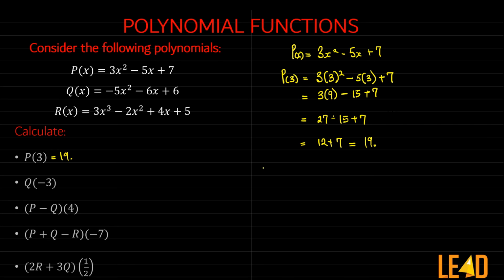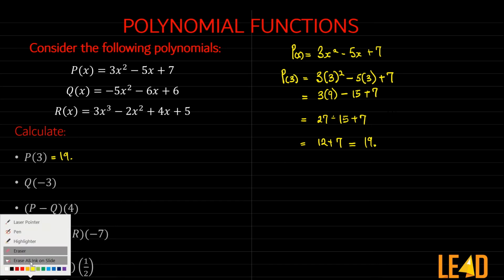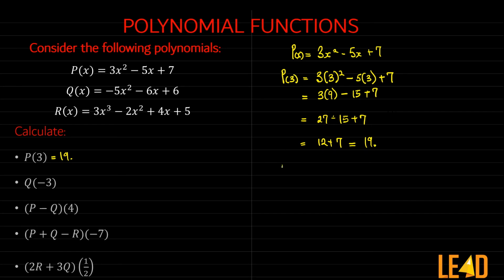Okay, let's try q of negative 3. So q of x is, let me write q of x first. Minus 5x squared minus 6x plus 6. So q of negative 3 basically means to plug in negative 3.